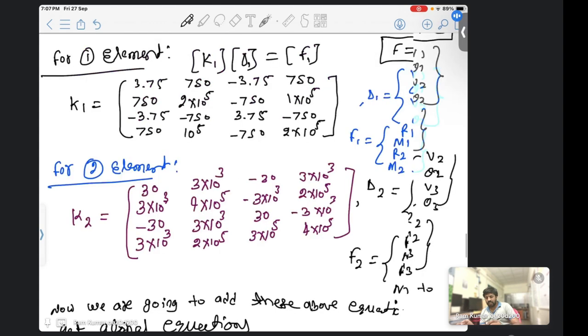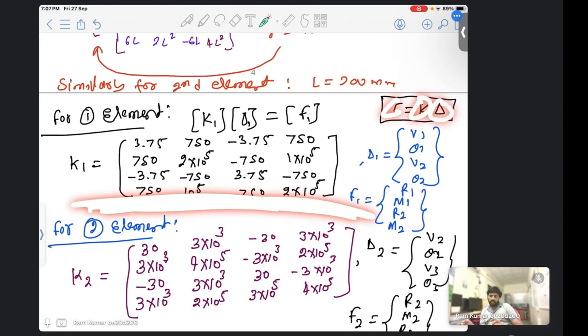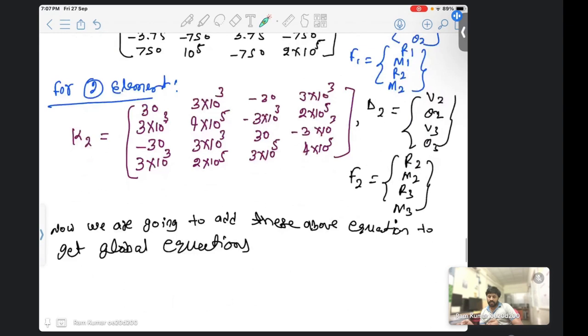Whatever we wrote right now, these are the local equations. So we got K, F, delta, in the local direction. Now after adding K1, K2, we will get one global matrix, like the global stiffness matrix, global mass matrix, or global force matrix, global displacement matrix.